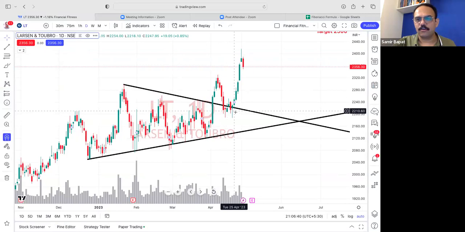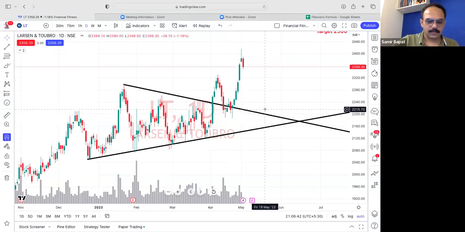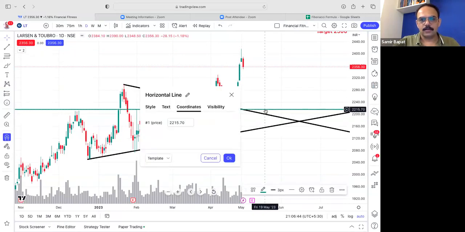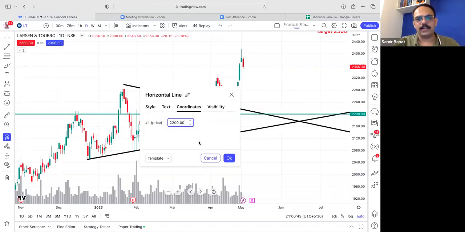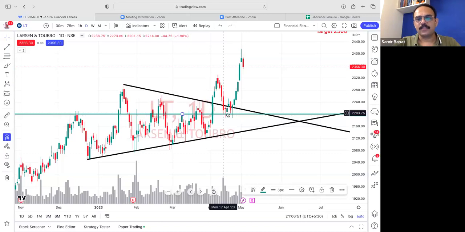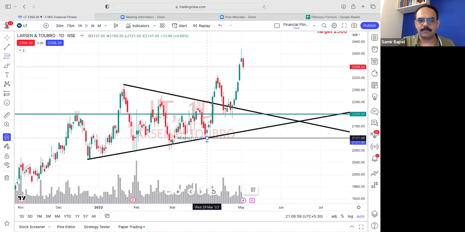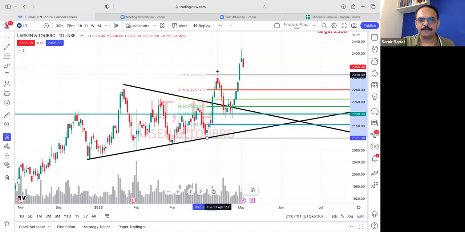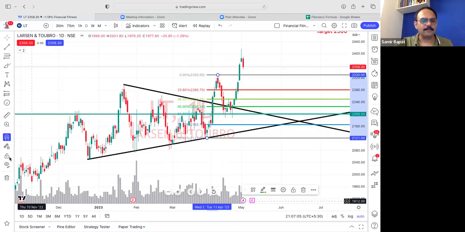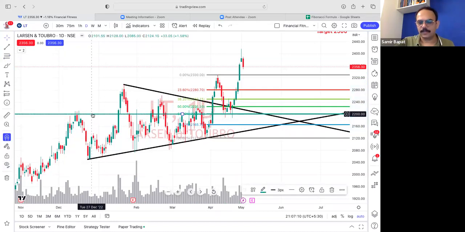So here it almost retraced. 2200 is the 61.8 retracement level. If you put the Fibonacci tool from here to here, it will calculate and give you this 61.8% retracement where we have drawn our line.